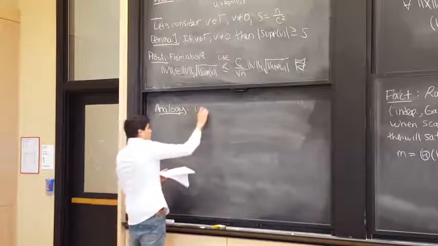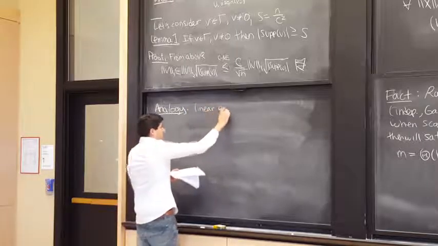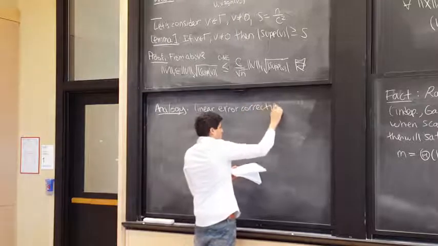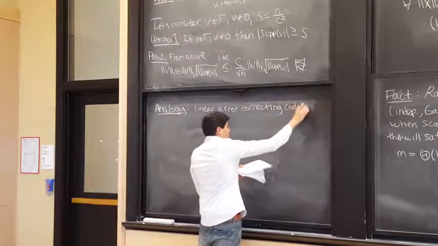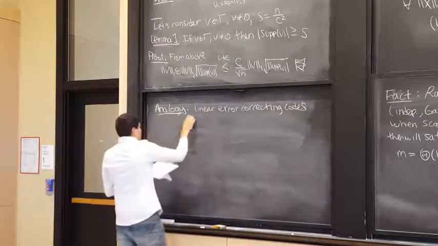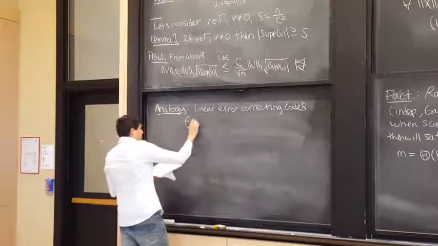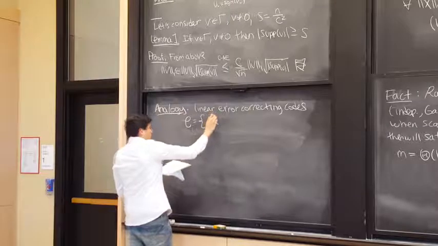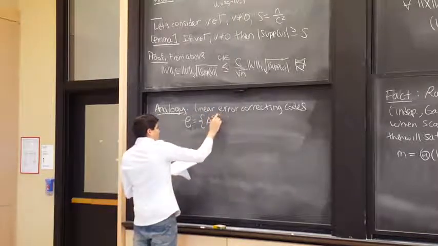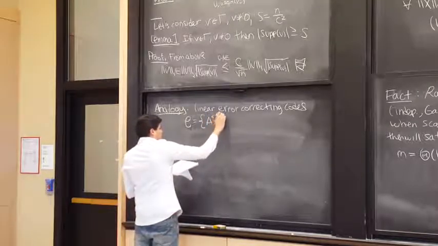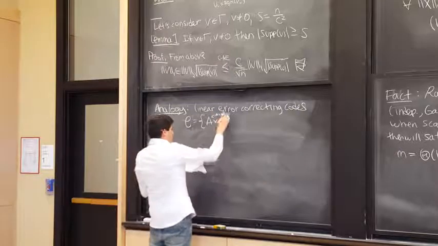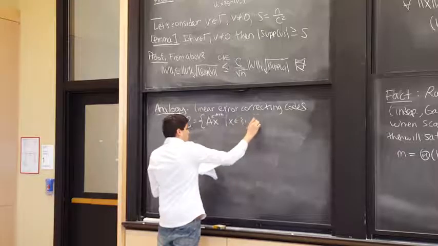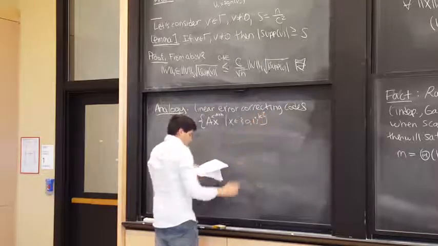So in usual linear error correcting codes, we think of some code book, script C, as being the set of all vectors we can get, where we take an n by k matrix A, and we range over all of the x's in the set 0, 1 to the k.